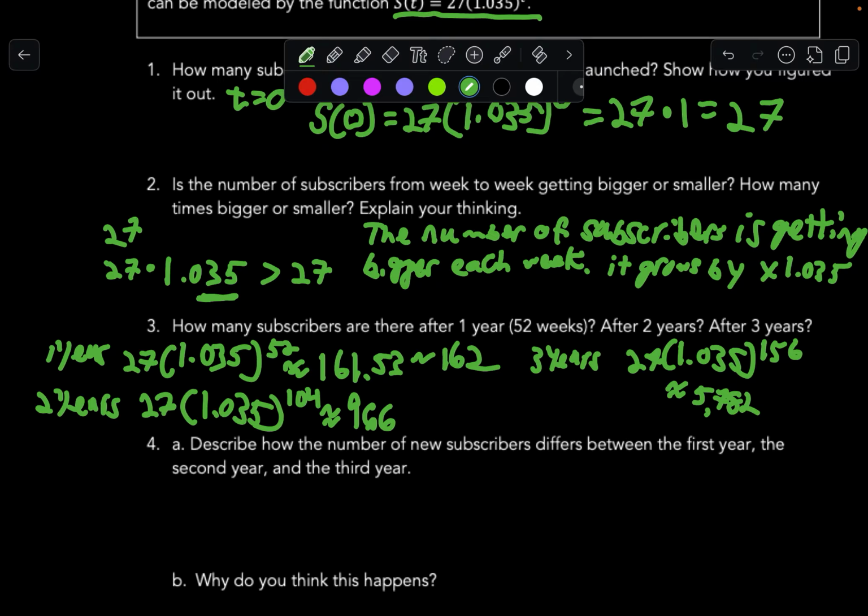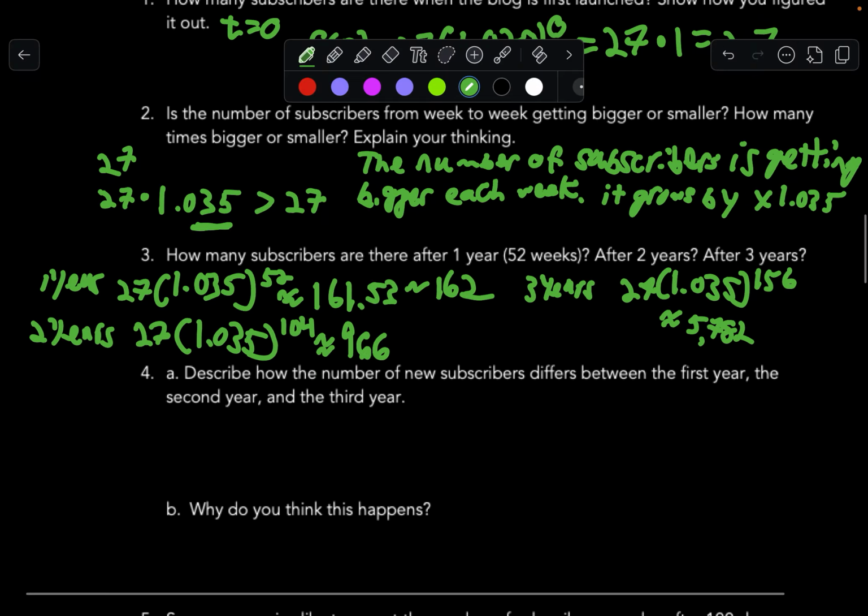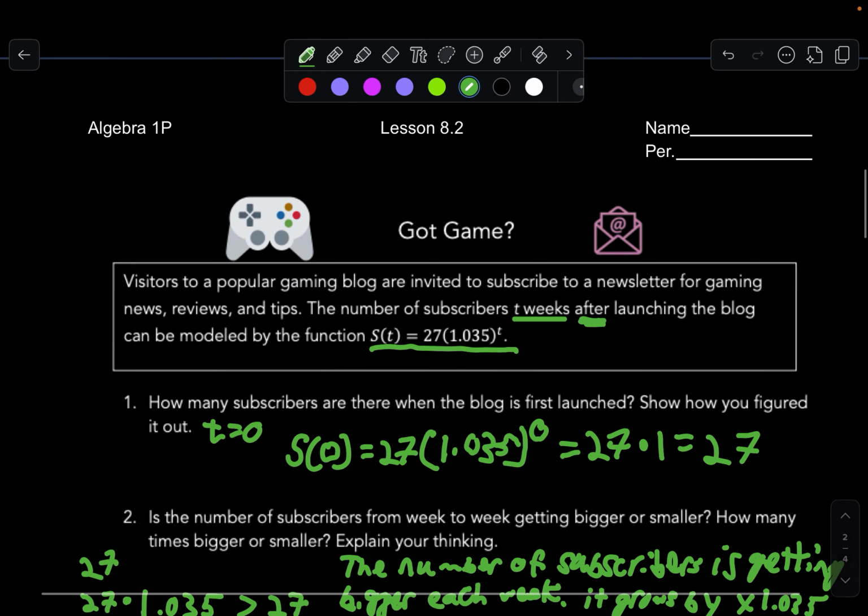All right? Now, the next question: describe how the number of new subscribers differs between the first year, the second year, and the third year. So they want to know by how much it is growing.